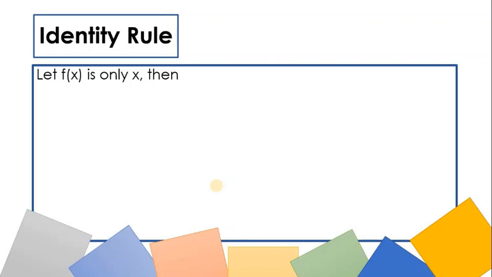What is now the derivative of a single variable as a function? Let f of x be only x, so I have here f of x is equal to x. Of course, x is not a constant. That is a single variable. Therefore, the identity rule is more appropriate in finding its derivative. What is the derivative? Let's take a look at this one. There you have it. The derivative of a single variable is 1.